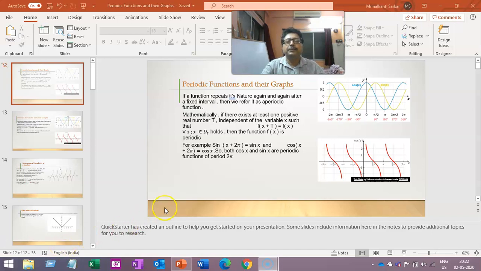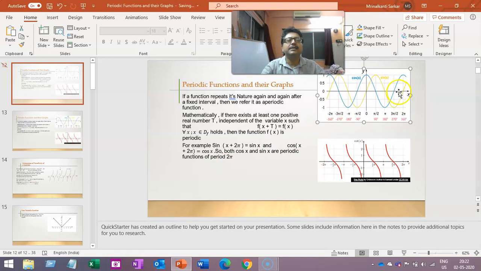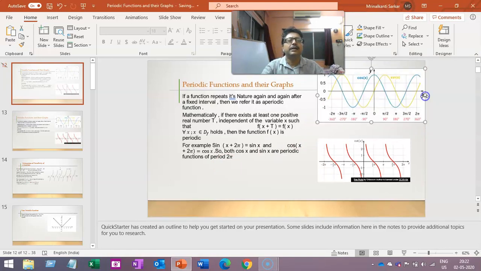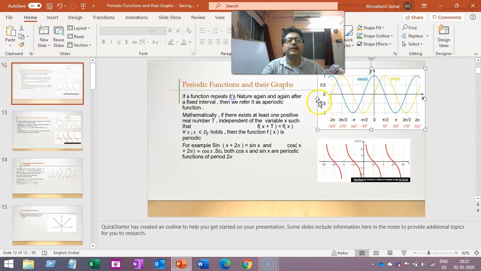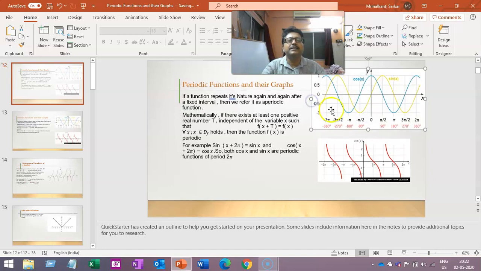For example, if you go through the function sin x and see its graph, you can see that the graph repeats over a fixed interval, although because of lack of space I couldn't draw a long range. I am going to explain this by taking two functions, sin x and cos x.